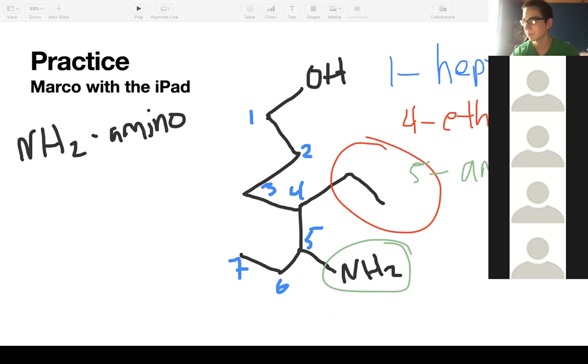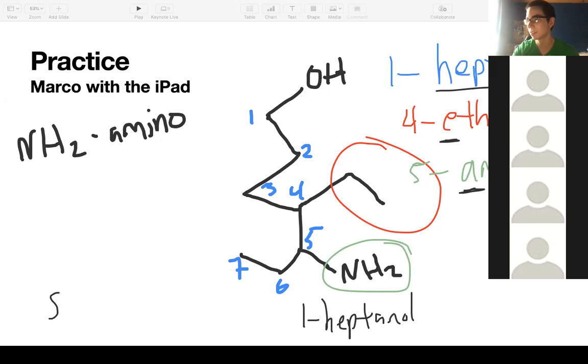So like Leslie said, I believe, we're gonna want to put them in alphabetical order. So we know this is our parent chain. So this one has to go last. So you could go ahead and write that. Heptanol. But when we're deciding between this one and this one, we're gonna want to write them in alphabetical order.